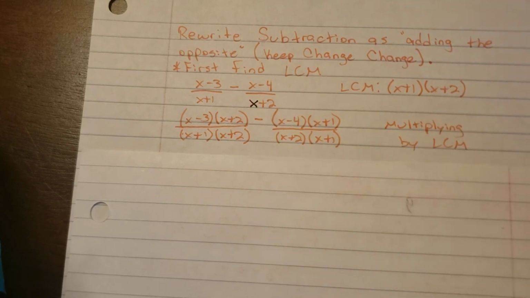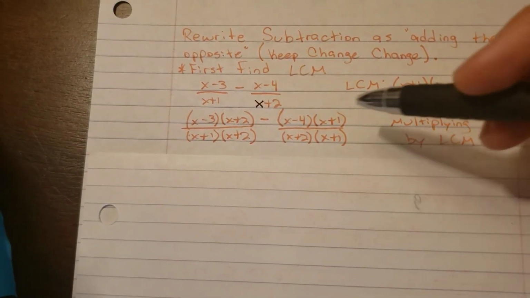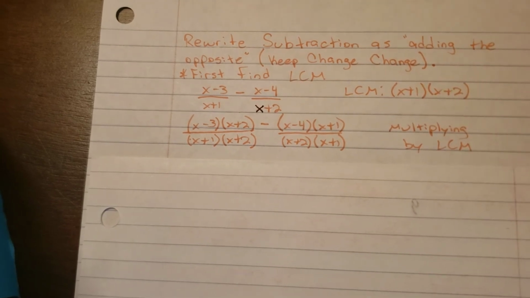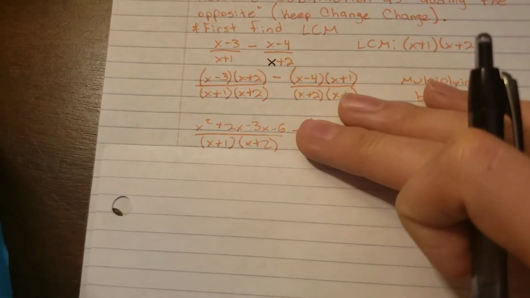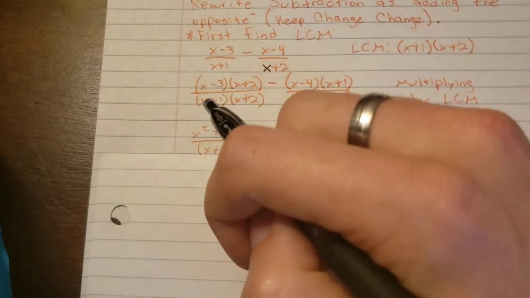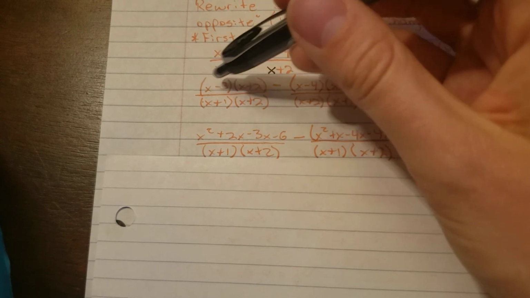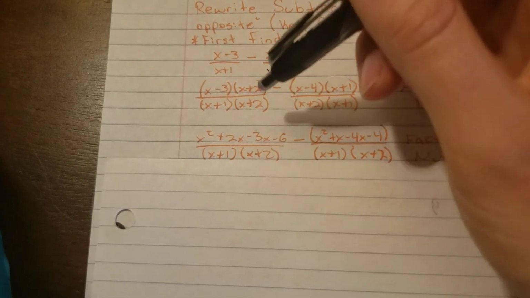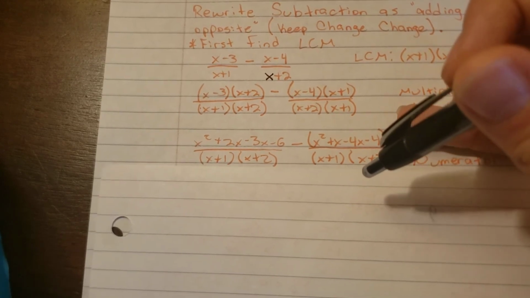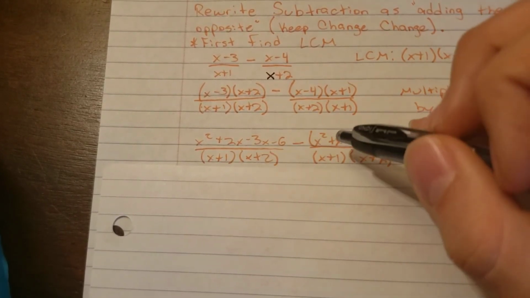Okay, right? I've multiplied by the least common multiple, right? I've multiplied to make the least common multiple. Okay, now I've factored this all the way through. I FOILed it out, x squared plus 2x minus 3x minus 6, right? So I've done that for both fractions.